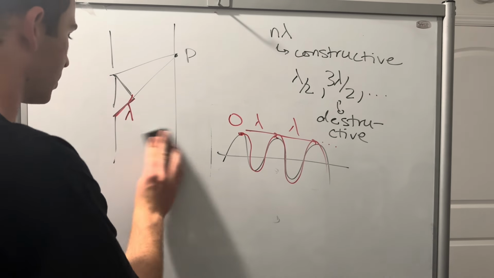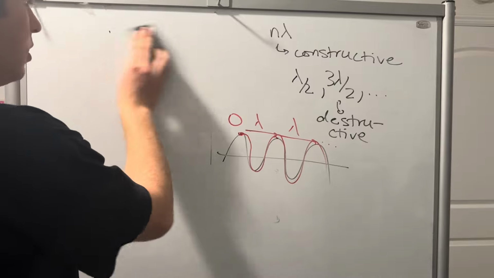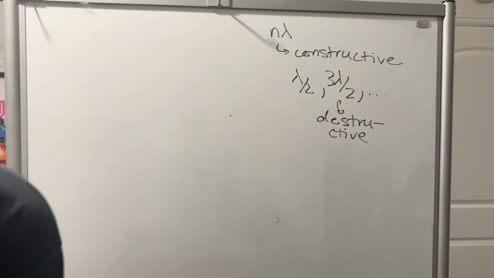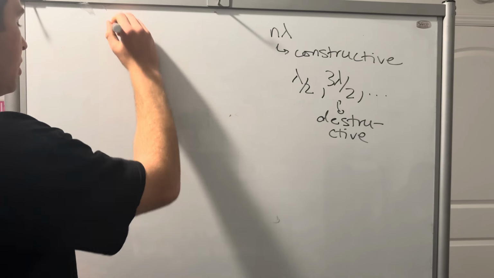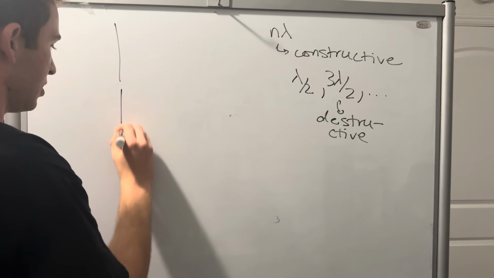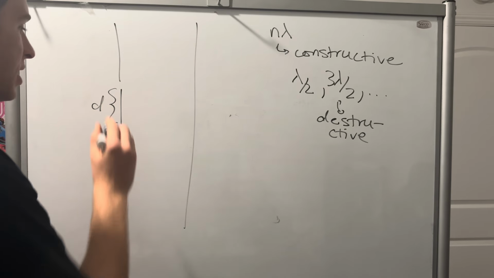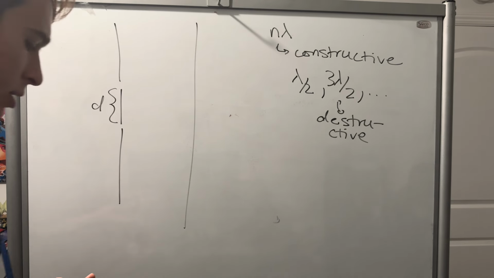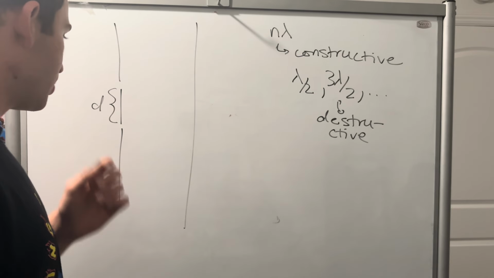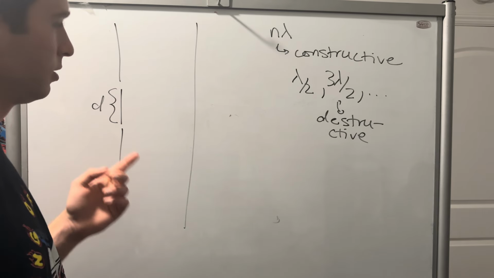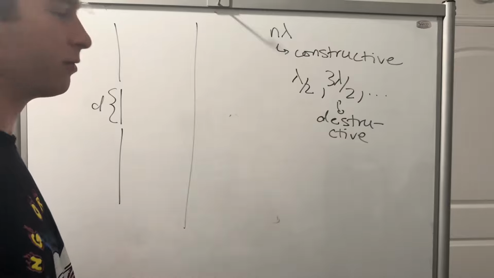Well, let's say we have our 2 slits, and between the 2 slits is a distance right here, which I'm going to call d. We use lowercase d. Using geometry, we can actually figure out the distance d based on the wavelength of the wave.